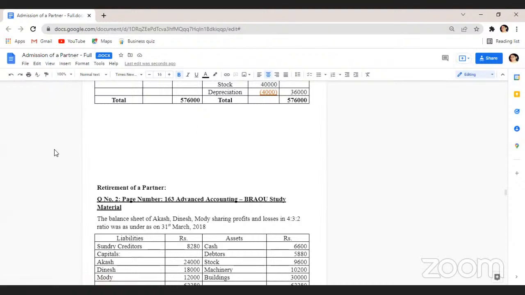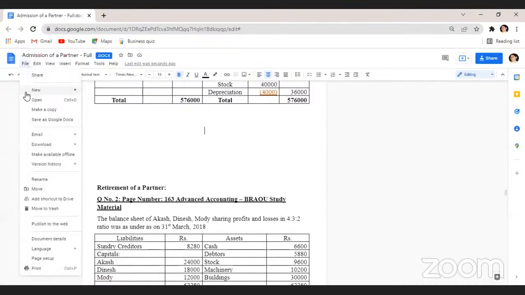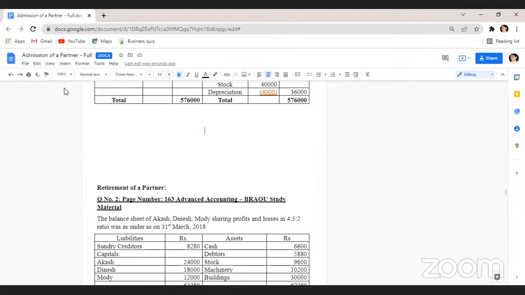Whatever you are distributing to the partners from the question balance sheet is not supposed to be shown in the new balance sheet.